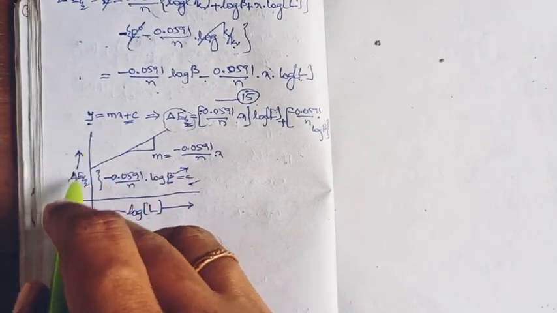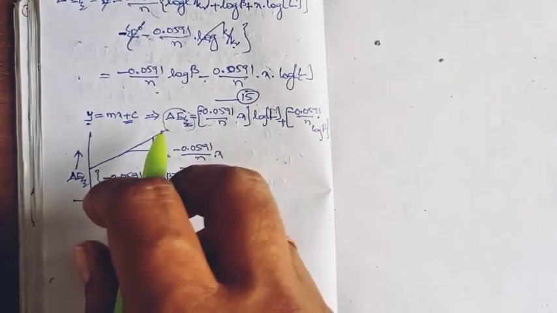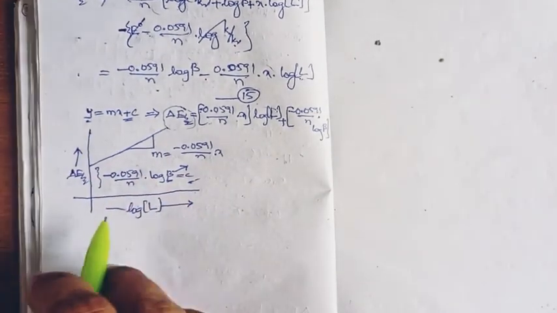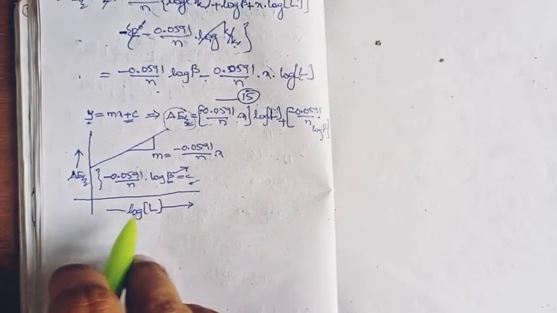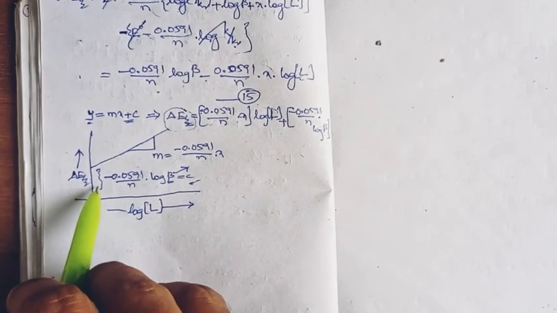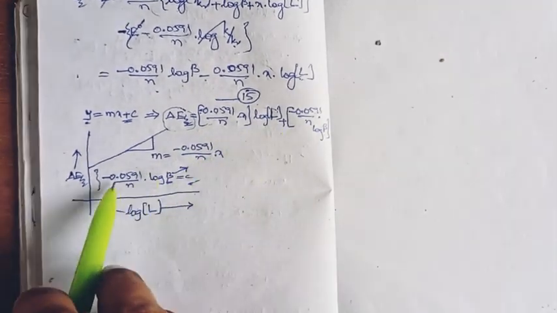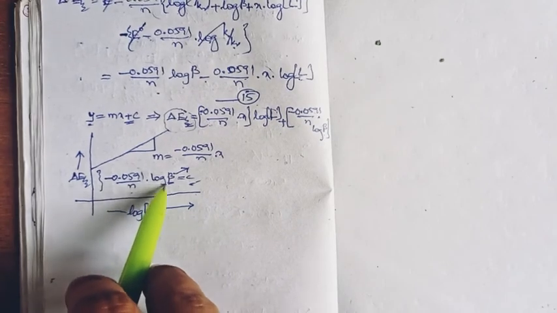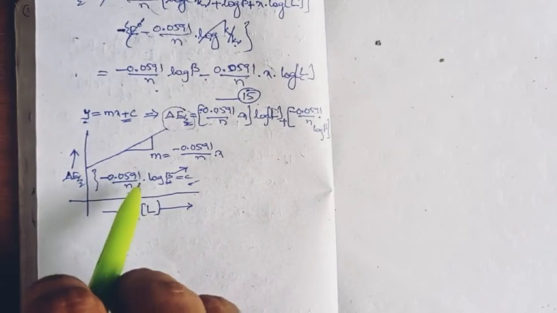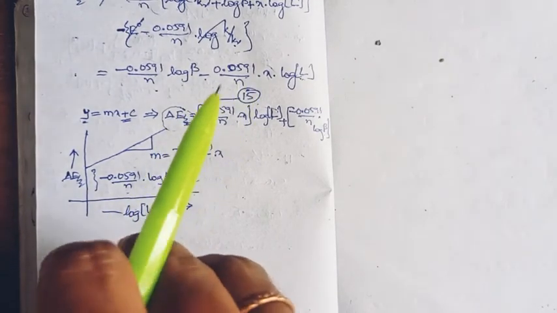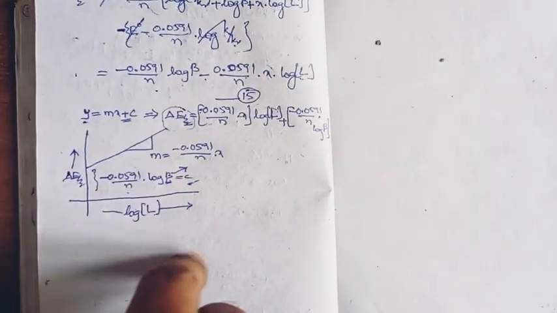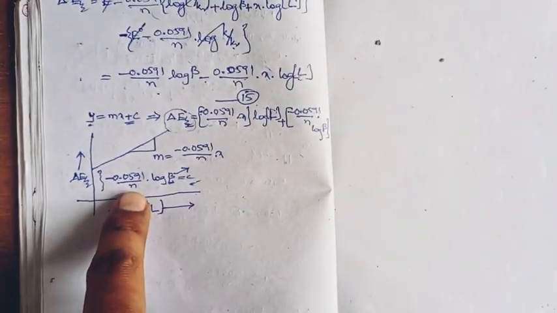So when we project it in a graph, with the difference in half-wave potential and the concentration of ligand as variables, it gives a straight line with a certain intercept. The intercept is equal to 0.0591 by n into log beta, where n is the oxidation state of the metal ion, or electrons required to completely reduce the metal ion. It is obtained from the metal ion oxidation formula.